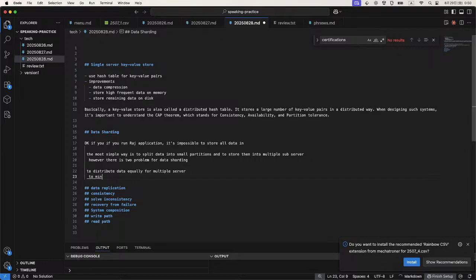Second, to minimize the data movement when a node is added or removed.